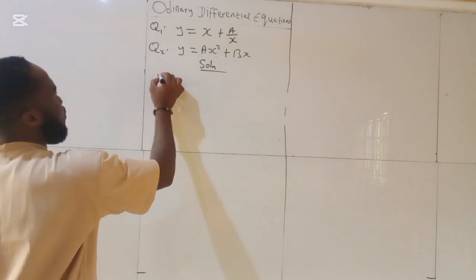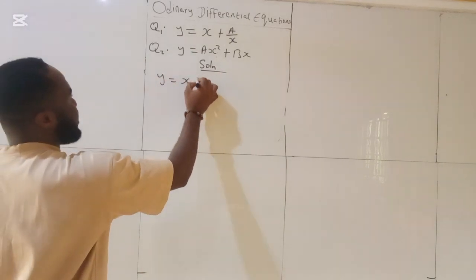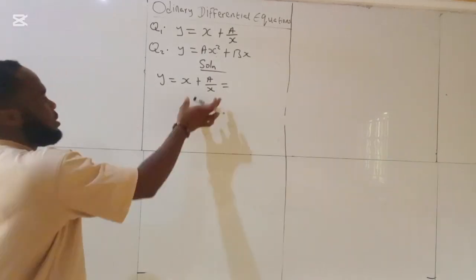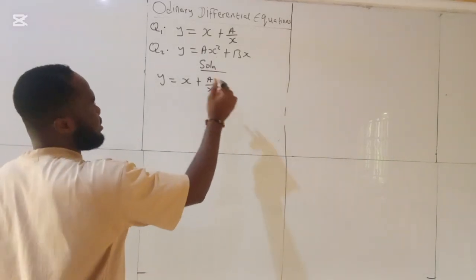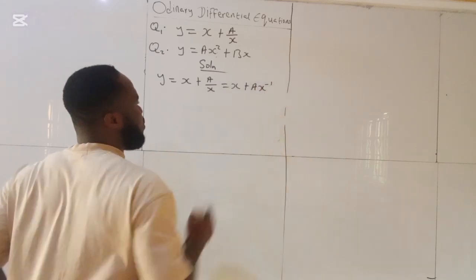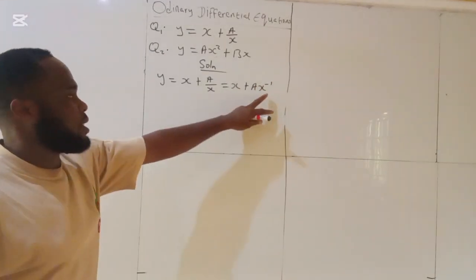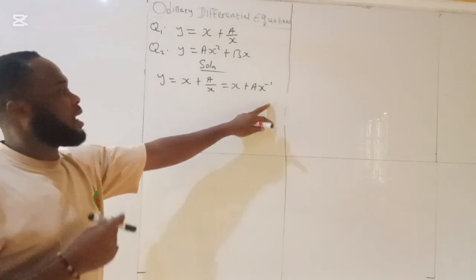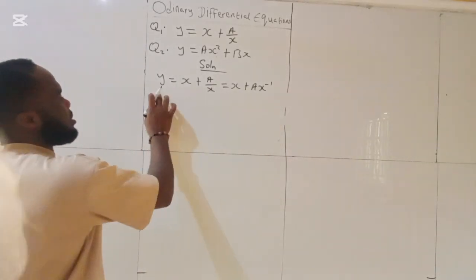First one, we have that y is equal to x plus a all over x. Now, this can be written in this form: x plus a, x raised to the power of minus 1, from indices. So when you are differentiating, you will see it clearly. Good. Now let us differentiate this.